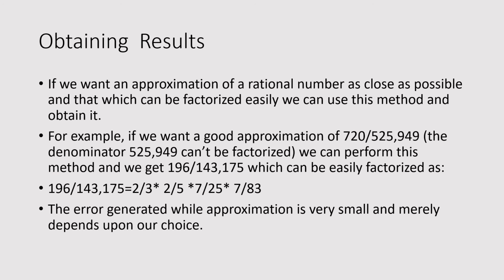But the problem is that this ratio can't be implemented using a gear train as the denominator can't be factorized. Also, it is not practical to make a wheel and pinion pair such that it has so many teeth. So we can perform this method and we get an approximation which can be factorized easily.